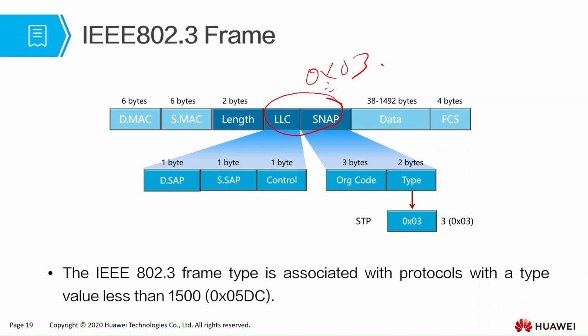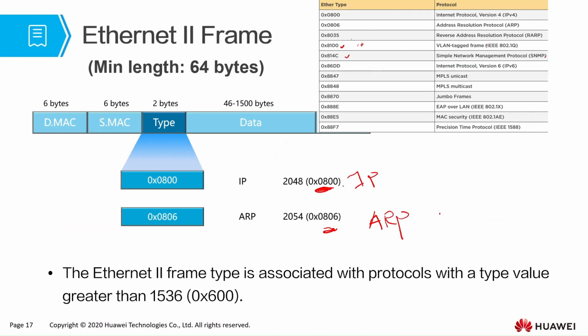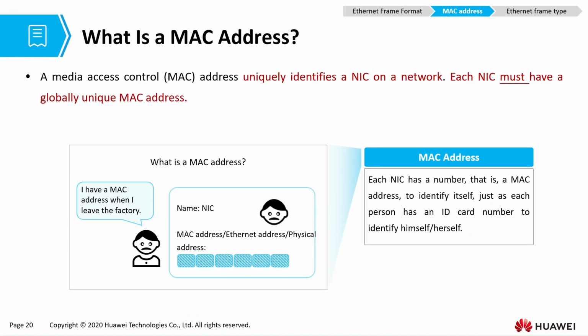But compared to that, most of the time in today's network we are using the Ethernet 2 frame for the Ethernet network data link. Okay, so now you already understand what a PDU is, the protocol data unit that you carry under layer 2, which is an Ethernet 2 frame or IEEE 802.3 frame there.